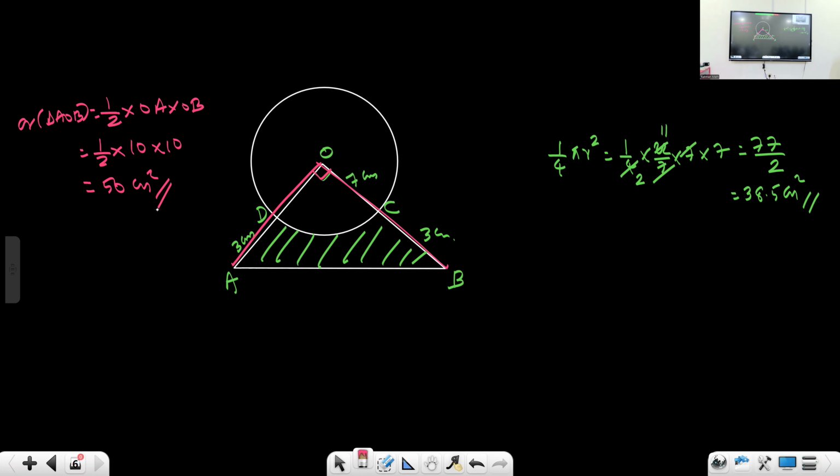What is the total cost of silver plating? The shaded part ABCD. How will we get the shaded part area? Triangle minus quadrant. Right. They are asking cost.